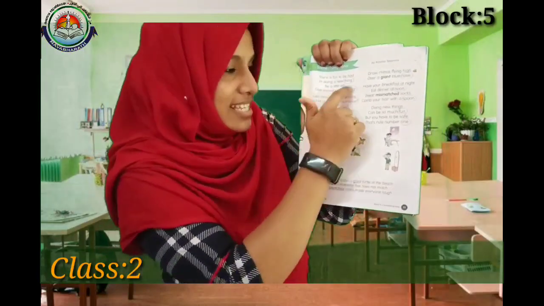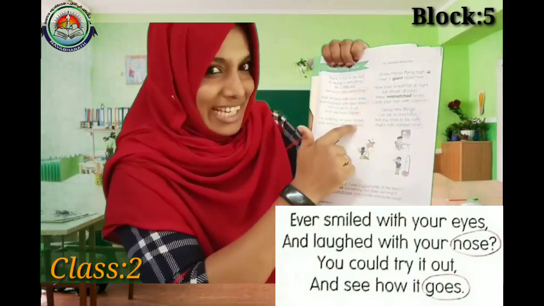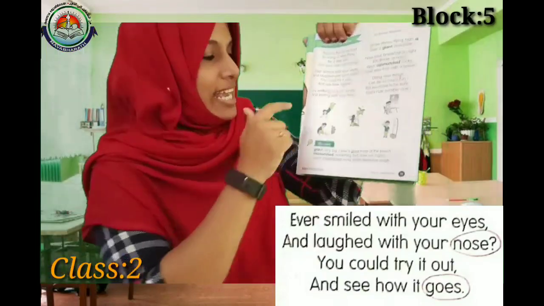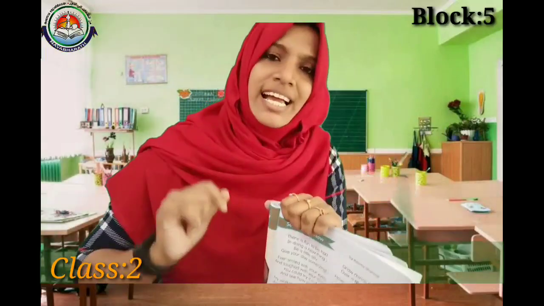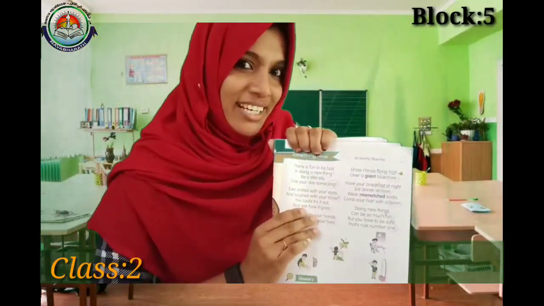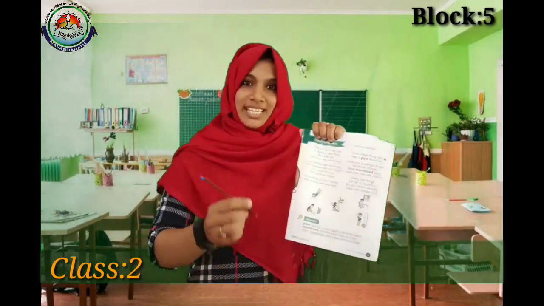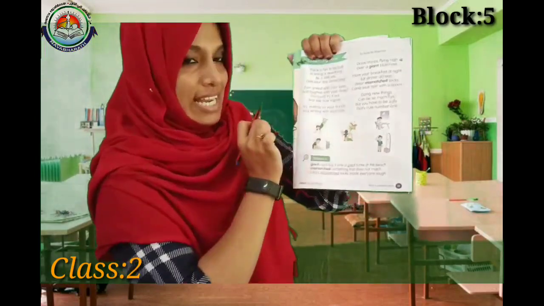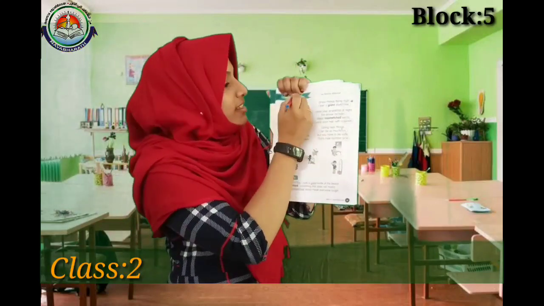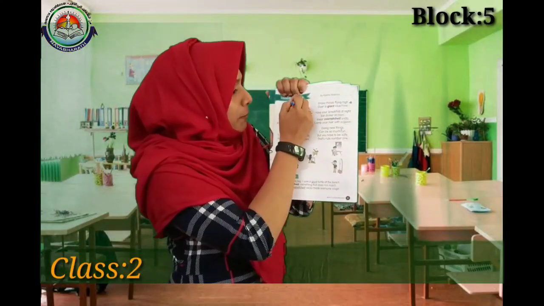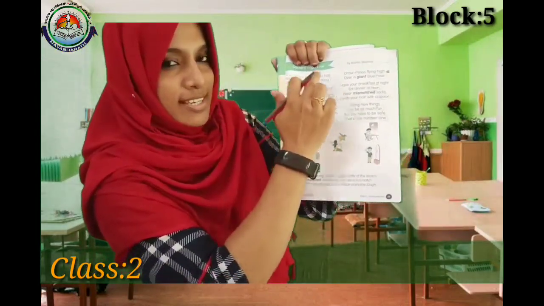Like this way, this is another stanza because here there are another four lines. This is the next stanza. Likewise, how many stanzas can you see here? Okay, let's note down. Dears, please take out your pencil and let's note down the stanzas. So this is number 1, first stanza.